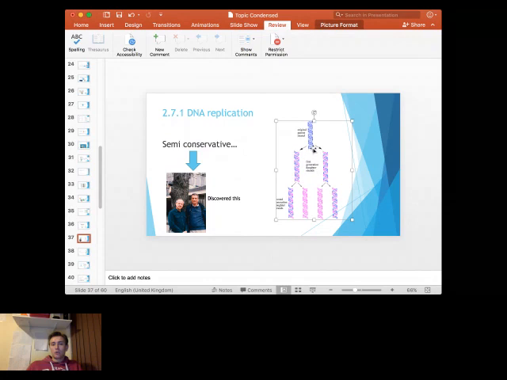So it's not like the DNA is completely copied and all of the new DNA is made up of new genetic material. No, DNA is split and then forms the template for the new genetic strand. Over time, the parent strand will get more and more diluted. But for every parent, you get half of the genetic material in each offspring. That's what we call semi-conservative.